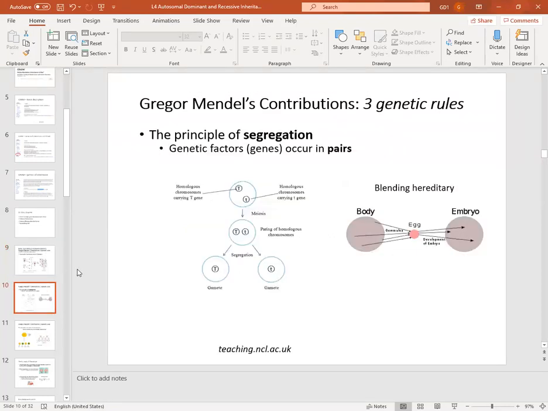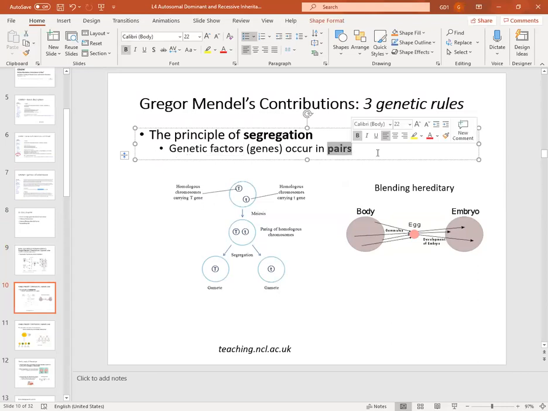The second rule is a rule about separation. Remember, at the time of Mendel he didn't have any knowledge about genes, chromosomes, or meiosis. Very long time ago. But he was a kind of genius. He said the factors making the phenotype occur in pairs.